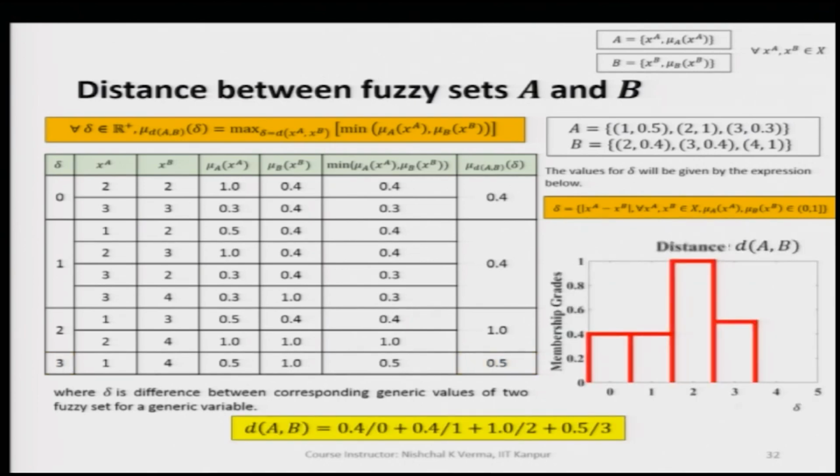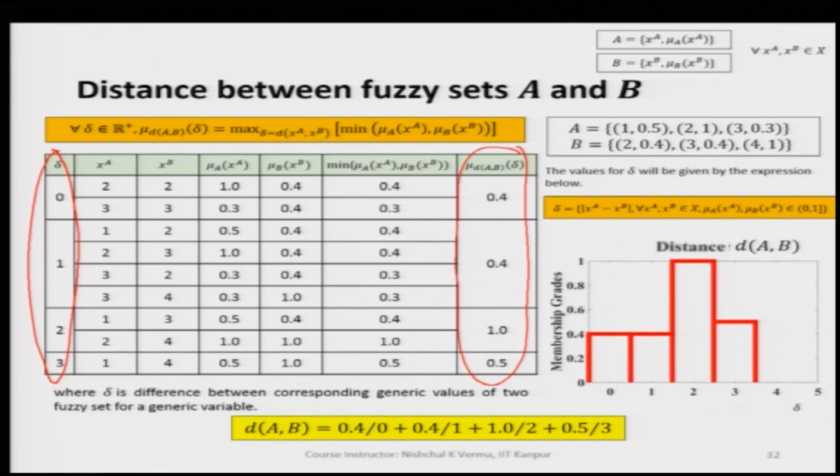So, now we can use this delta. When this table is complete, we pick all the delta values and all the mu d a comma b of delta values.